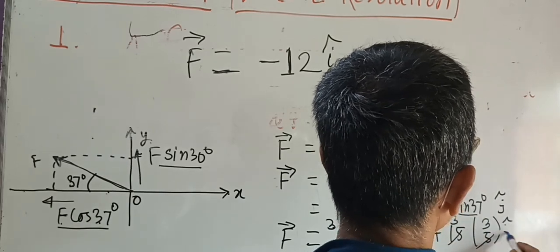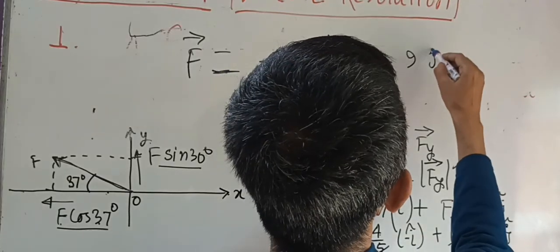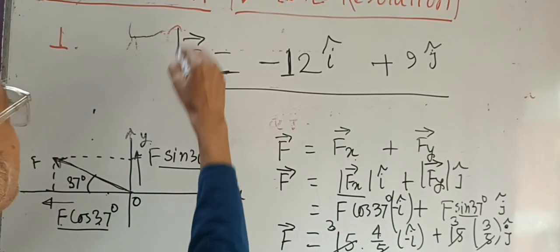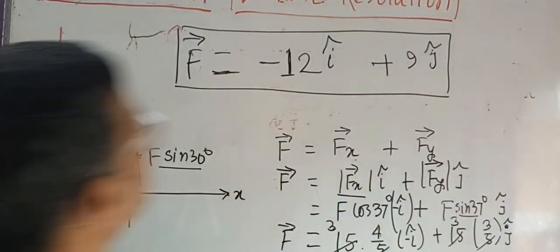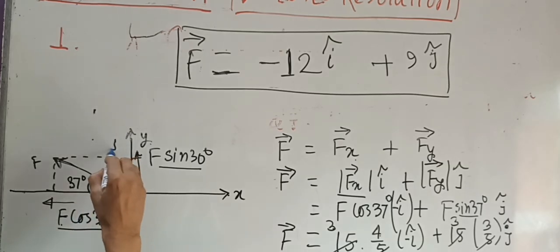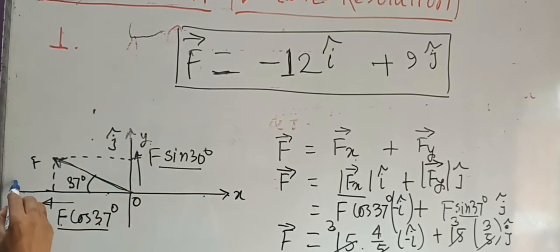This is j cap, right? So 9 j cap. This is the final answer. Along the positive y-axis, positive j cap. Along the negative x-axis, minus i cap. Right?